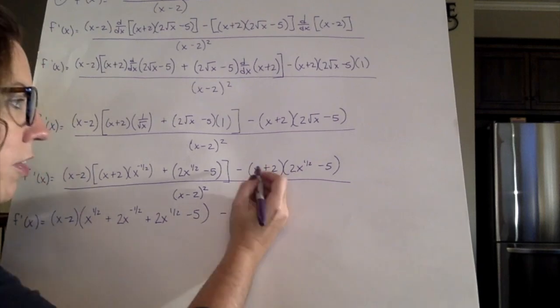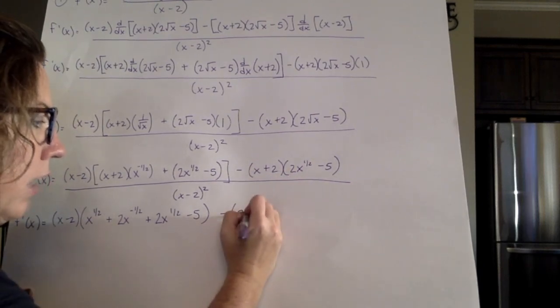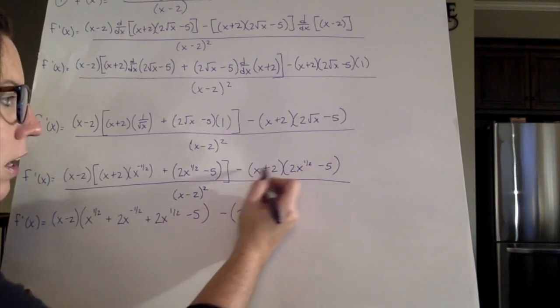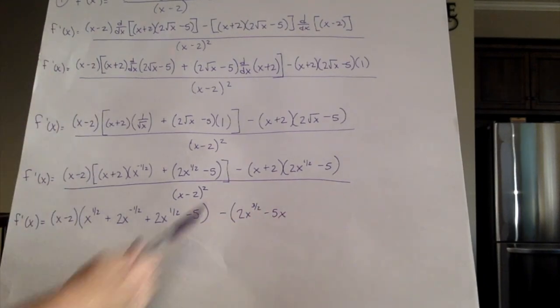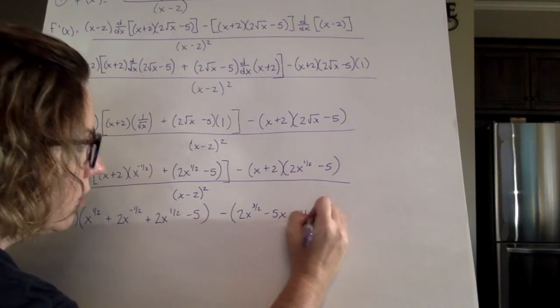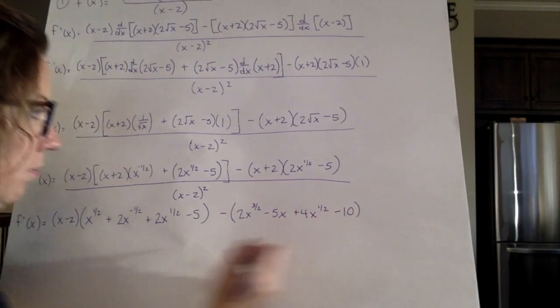So I'm going to start with x times 2x to the 1/2, which will be 2x to the 3/2, right? X times x to the 1/2 we talked about. X times negative 5 is negative 5x. 2 times 2x to the 1/2 is 4x to the 1/2. And 2 times negative 5 is negative 10.